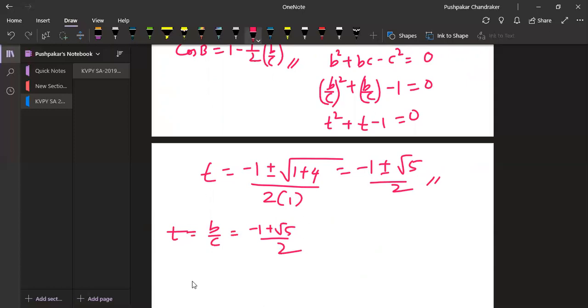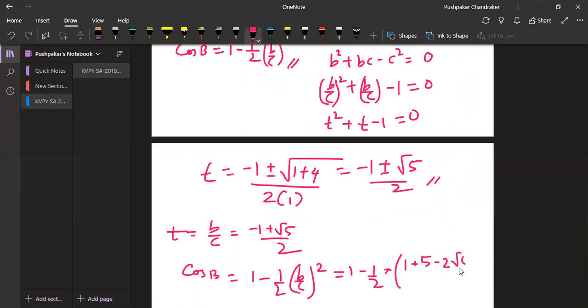Now substitute this in the cos B expression. What is cos B? Cos B is 1 minus half (b by c) whole squared. So that gives you 1 minus half of the square of this, that is 1 minus half of (1 plus 5 minus 2 root 5) by 4.